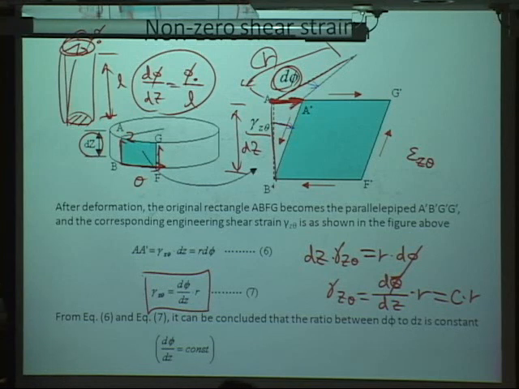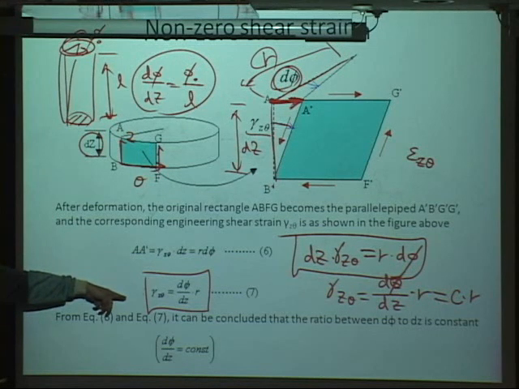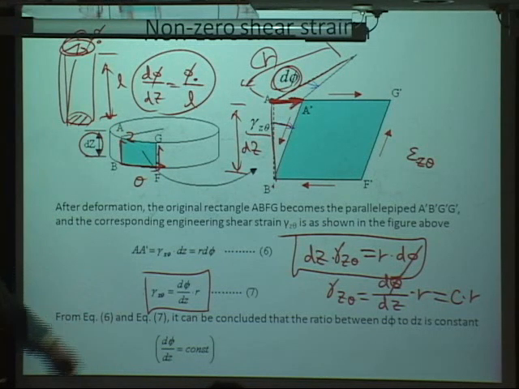And I think this figure, these relations, are the most critical observations in deriving these relations. So anyhow, again here, C, this is the constant.